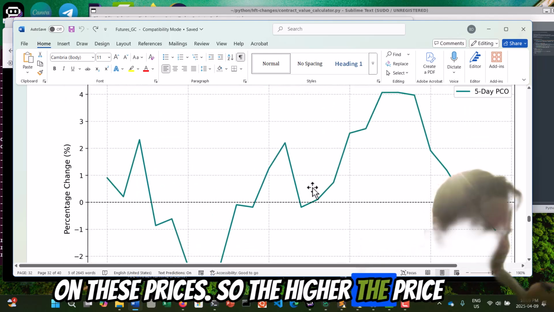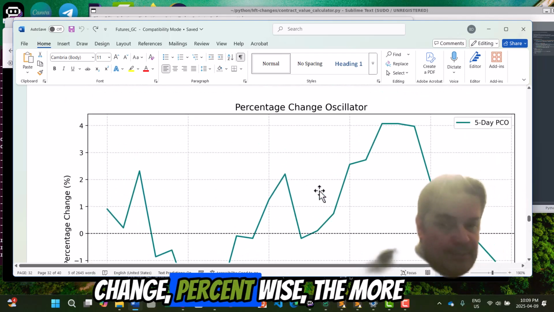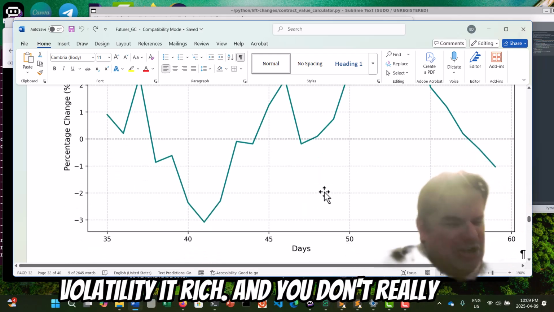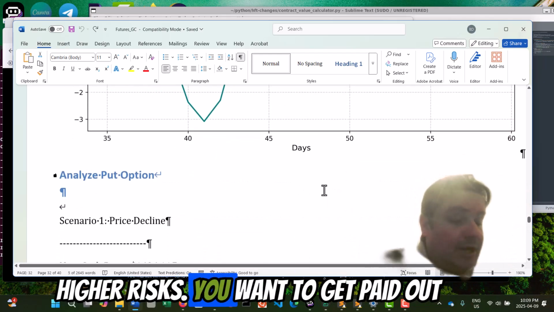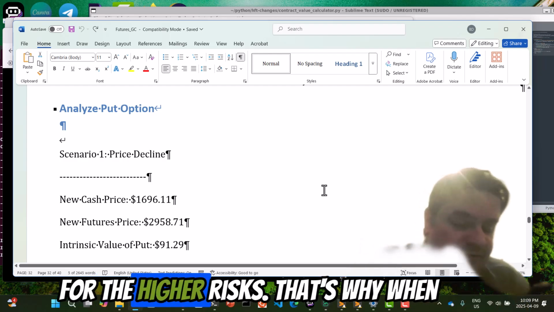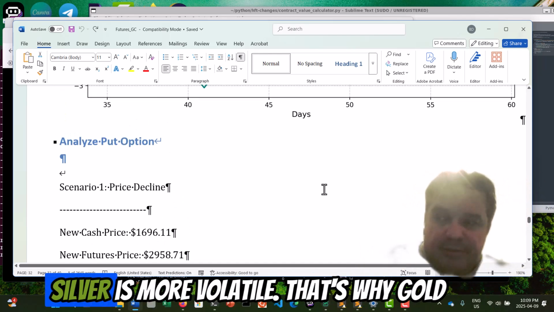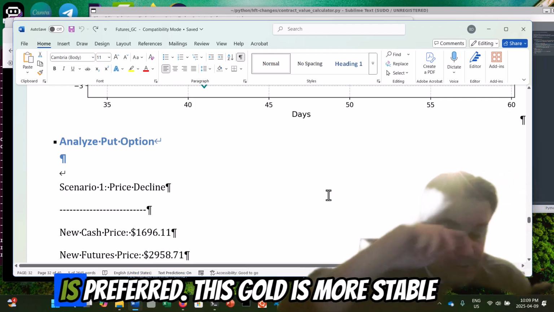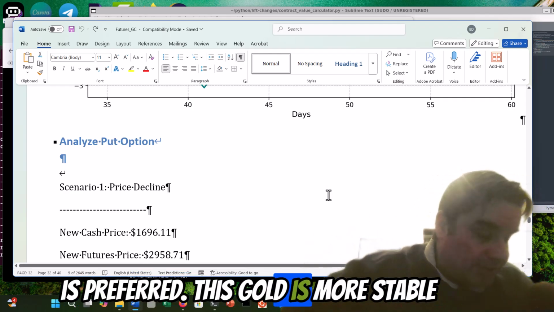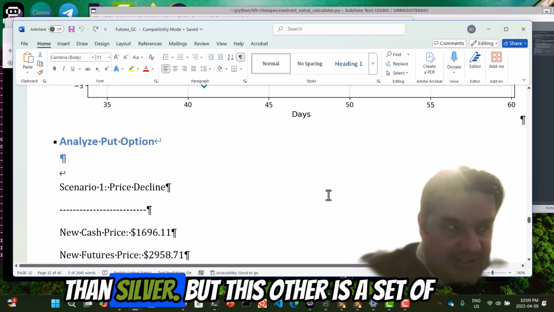So the higher the price change percent wise, the more volatility there is. And you don't really want to trade those because those are higher risk. You want to get paid out for the higher risks. That's why when you look at things like gold and silver, silver is more volatile. That's why gold is preferred, because gold is more stable than silver.